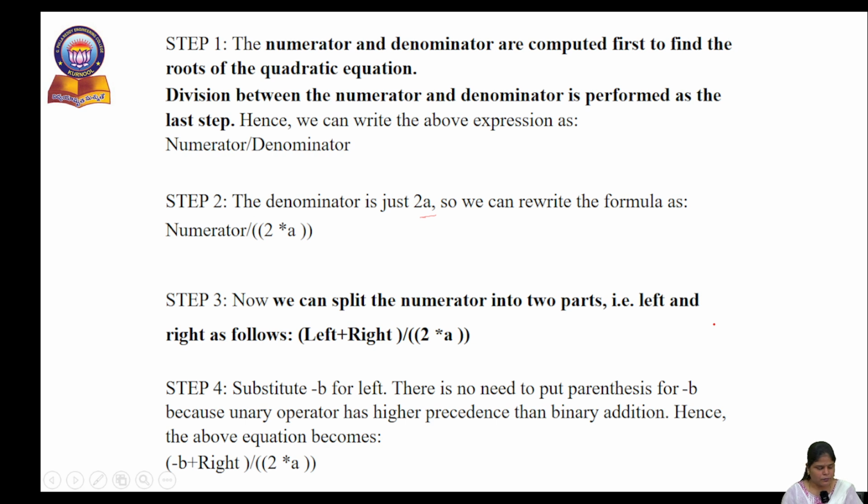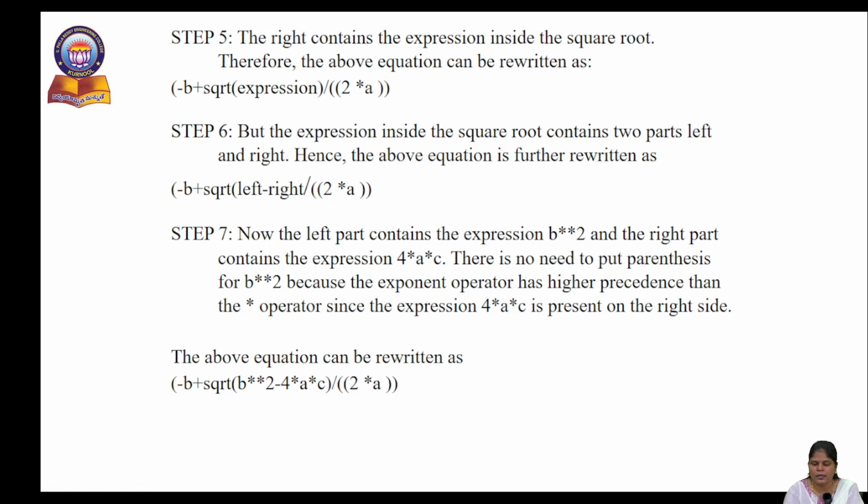Next, substitute minus b for the left and put parentheses around minus b, as it is a unary operator and has higher precedence than the binary addition. Hence the above equation is (minus b) plus right by 2 into a. Next, right contains the expression inside the square root, therefore the expression can be rewritten as minus b plus square root of expression by 2a.